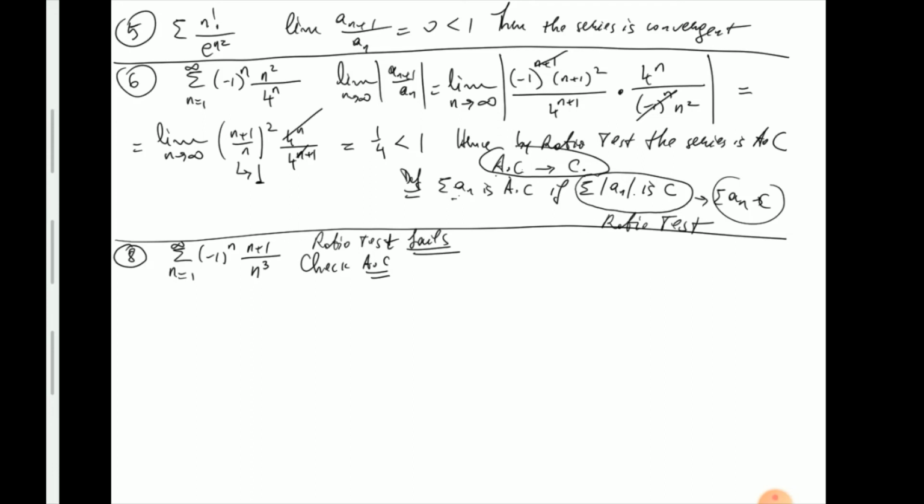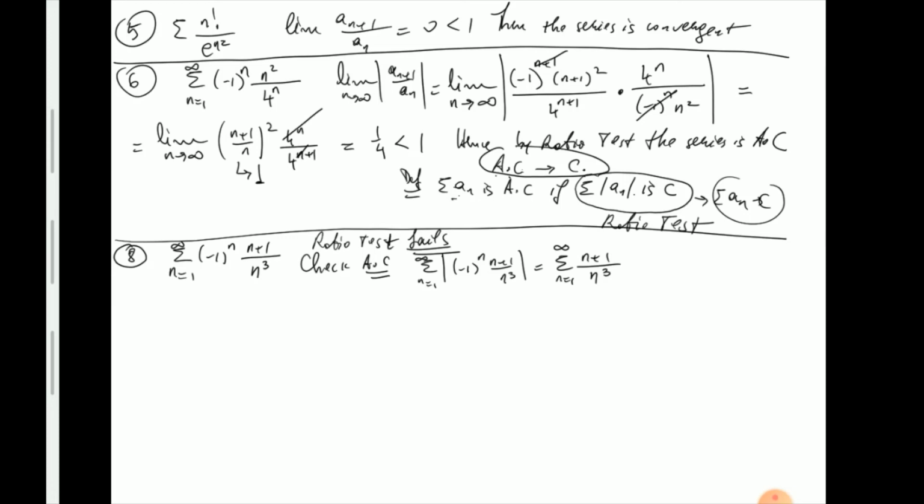But now you have to take the original series with absolute values of those terms, which gives you the series with the positive terms (n plus 1) over n cubed, and now figure out the convergence of this new series by other tests that you can find at your disposal.